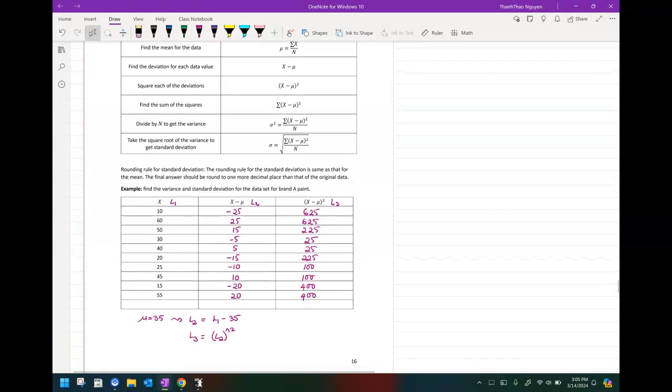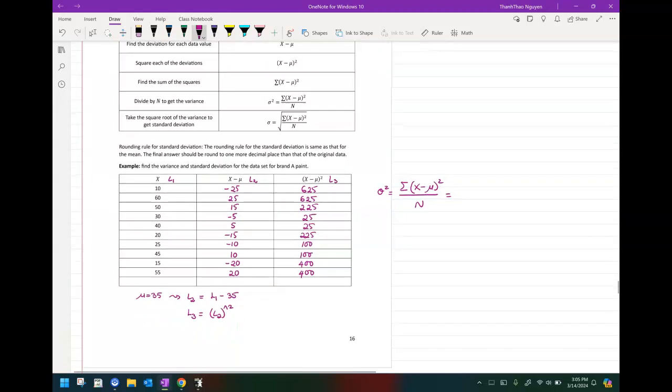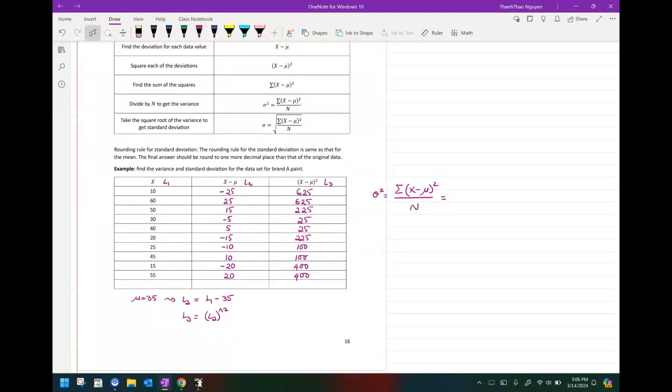Now, the rule to calculate the variance sigma squared is equal to the sum of (x minus mu) squared divided by n. n is the number of data. Okay, I can use the calculator to calculate the sum of list 3.